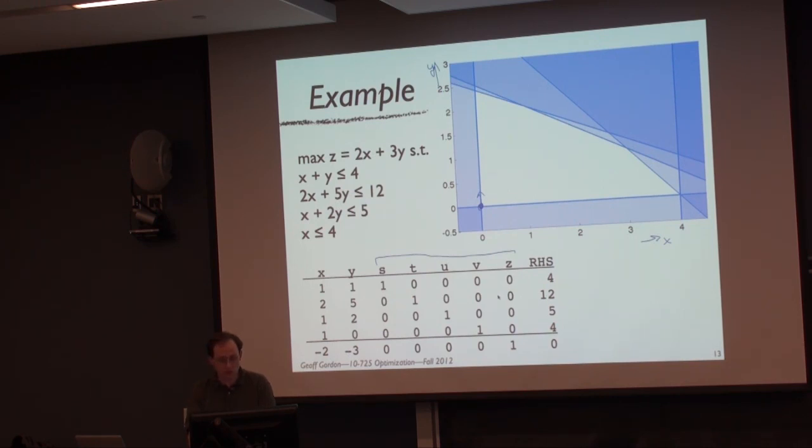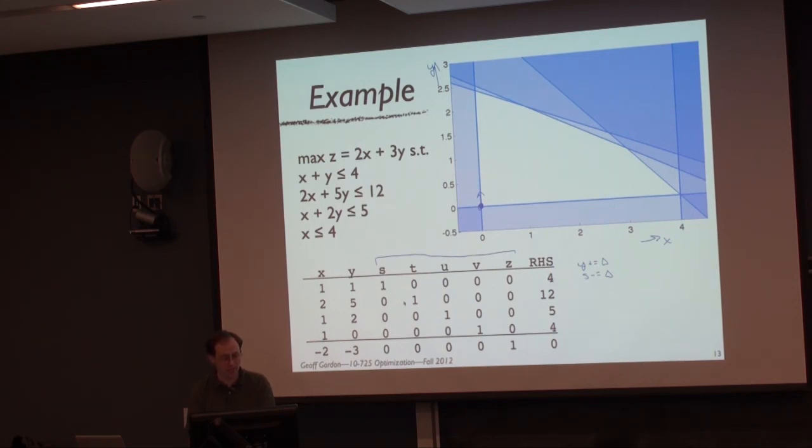When y goes up by delta, and we're keeping x at 0, there's a constraint between y and s saying that they have to sum to 4. So if we have y plus equals delta, then s has to decrease by delta in order to keep this constraint feasible.